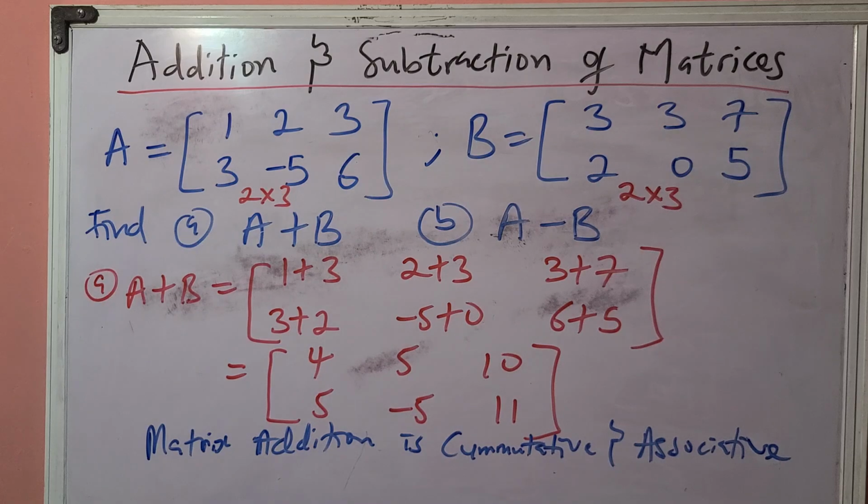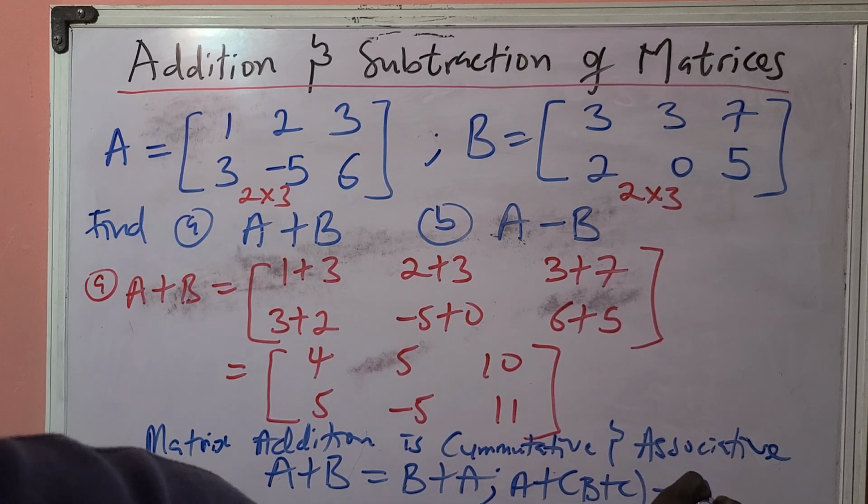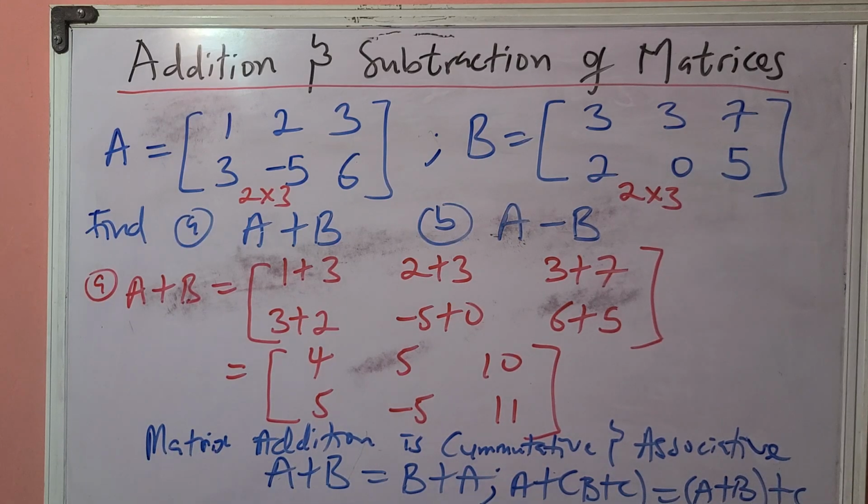The meaning of this is that A plus B is also the same thing as B plus A. That's for commutative. And for associative, we can have A plus B plus C being the same thing as A plus B plus C, regardless of grouping. So matrix addition is both commutative and associative.